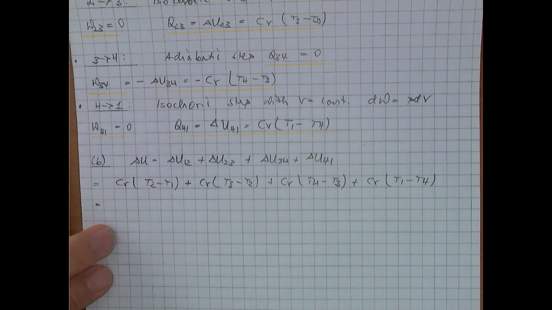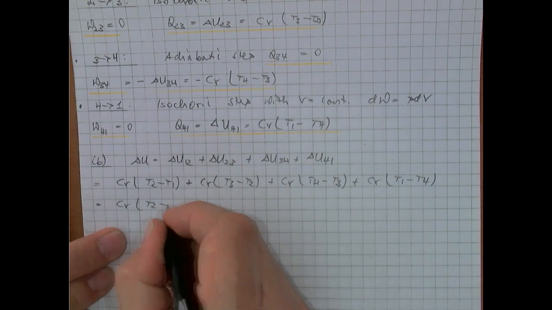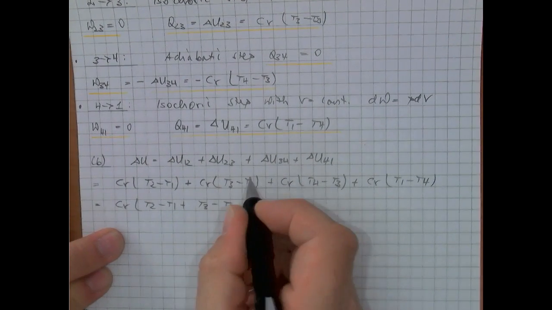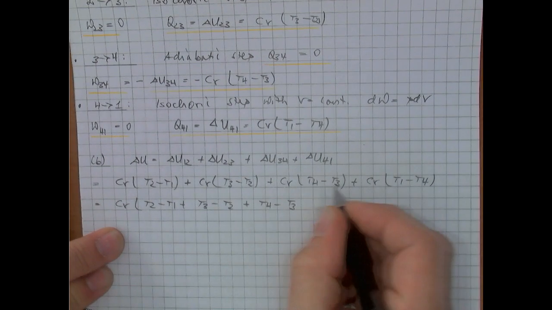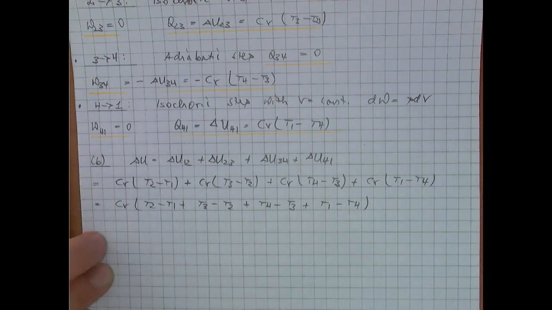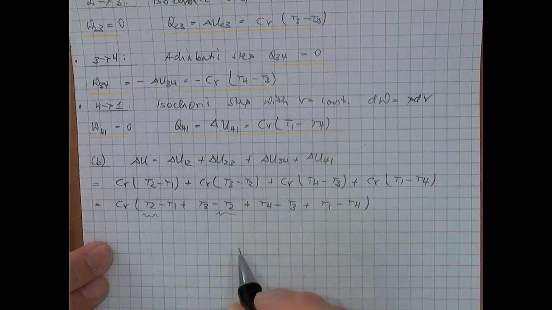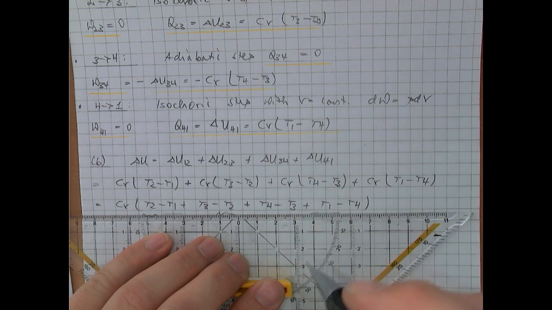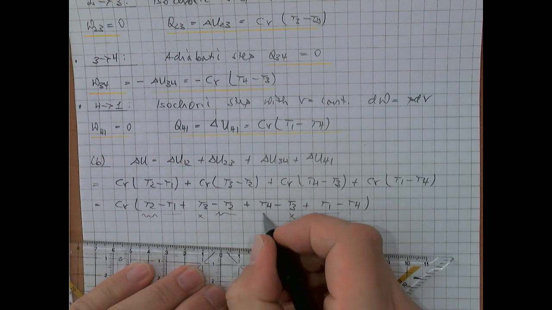So now we can take Cv out here and then have T2 minus T1 plus T3 minus T2, plus T4 minus T3, plus T1 minus T4. So now we can combine various terms here: T1 with T1, T3 with T3, and T4 with T4.